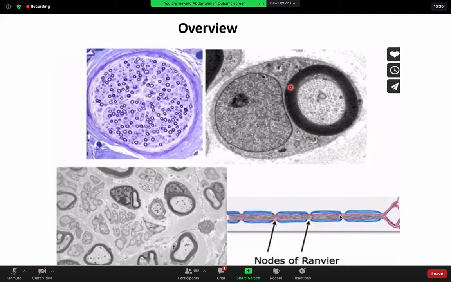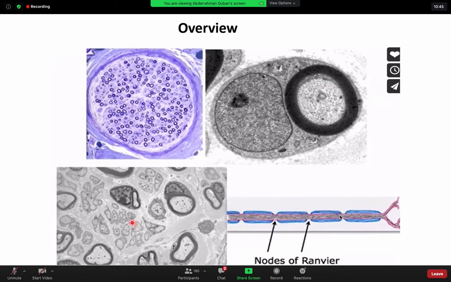So myelin in the peripheral nervous system is made by the Schwann cells. Now, in the central nervous system, it is made by the oligodendroglial cells.